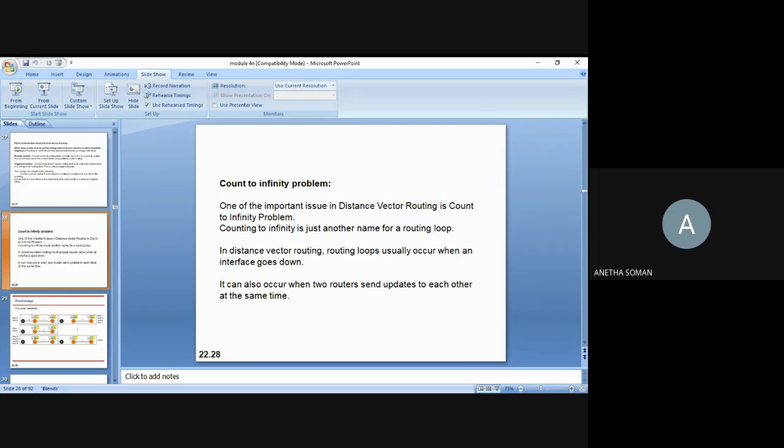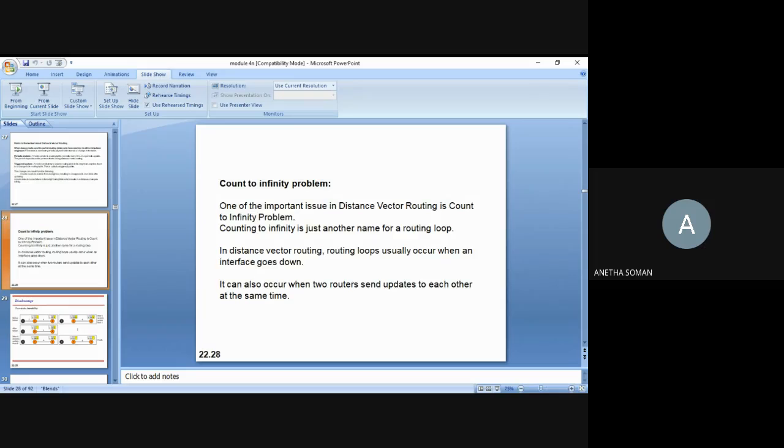So a routing loop means two cases: one is if the interface is going down, each router will enter that state and looping takes place, or if two routers are sending updates at the same time. You can also call that a routing loop. So this is the problem associated with the distance vector algorithm: the count to infinity problem, or routing loop, or two node instability.